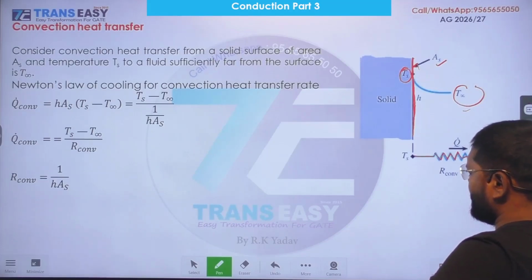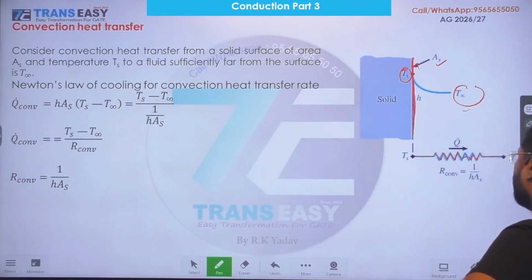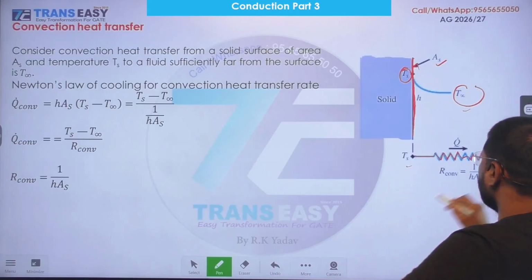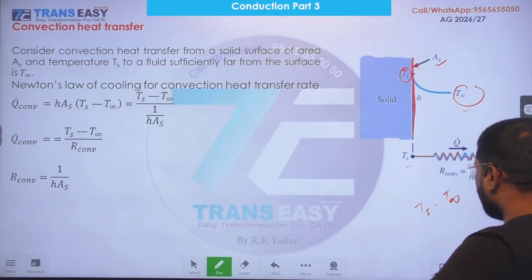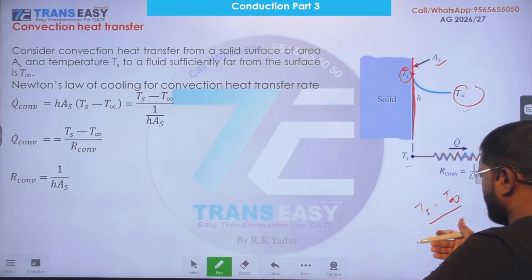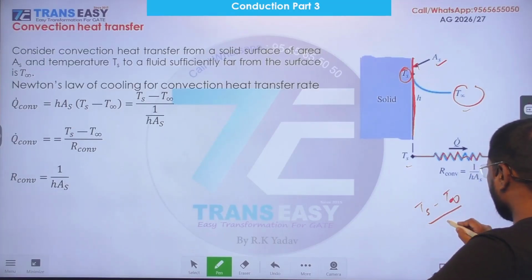So here the temperature potential difference is T1 minus T2, that is Ts minus T infinity. Right? And convective resistance is 1 upon hAs.